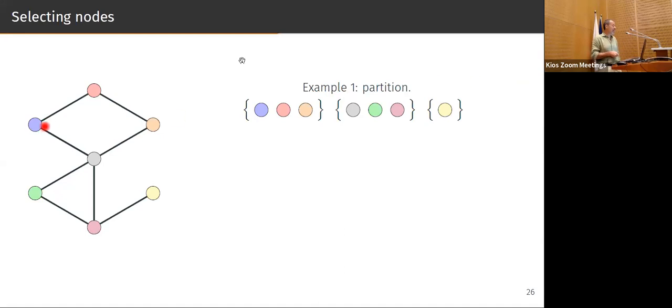We partition these nodes into sets. This one will degenerate into one node, this one into another node, and this one into another node. Partition: mutually independent, mutually exclusive.